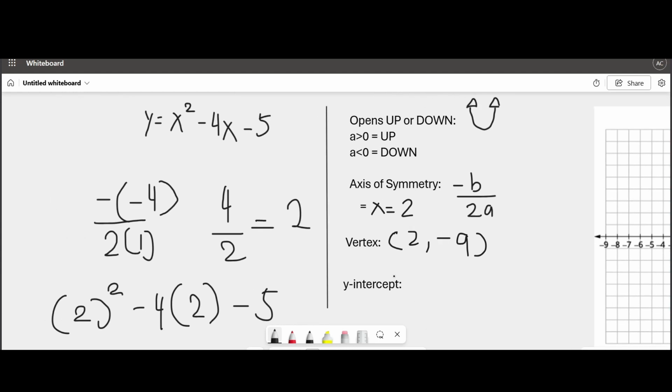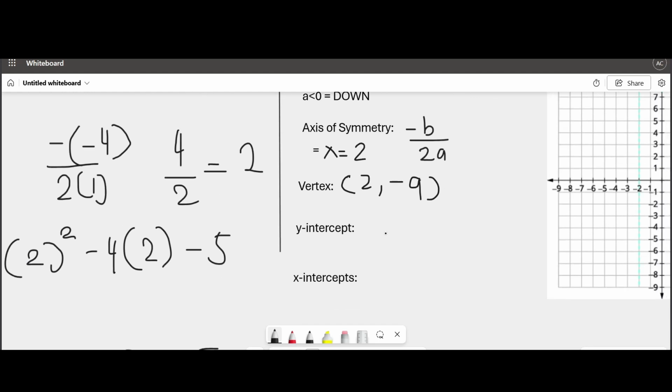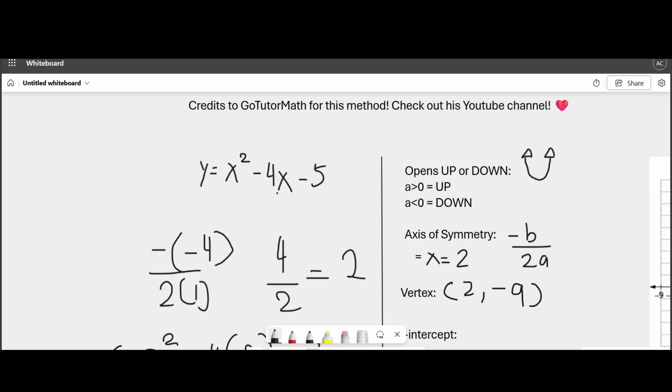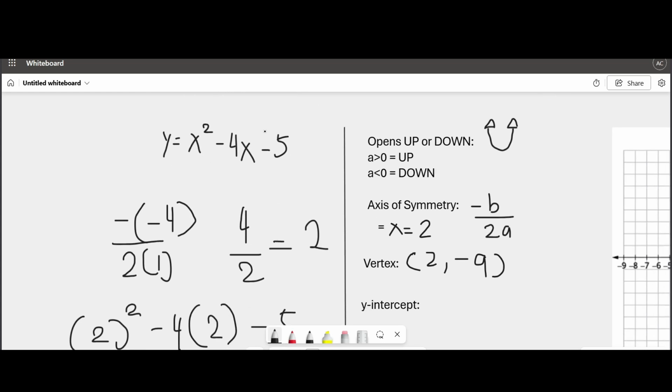Now here is where it gets a little bit tricky. The y-intercept. In order for us to get the y-intercept, we just have to make the x's 0 in this quadratic function.